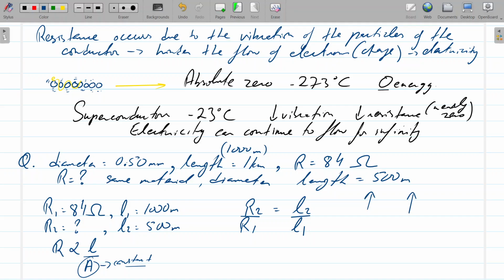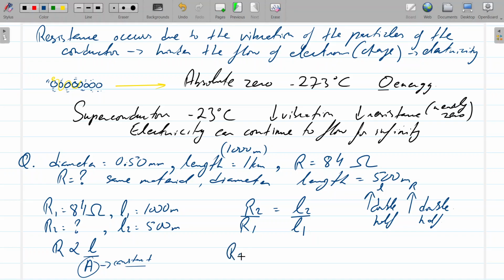So if you double the length, you're also doubling the resistance, right? And if you halve it, then you're also halving the resistance. So the ratio of R2 to R1 for both of these will end up being the same. And so, right, you want to find R2.